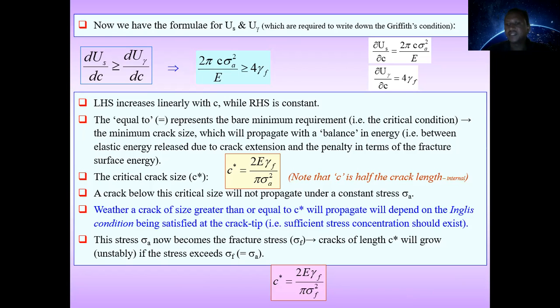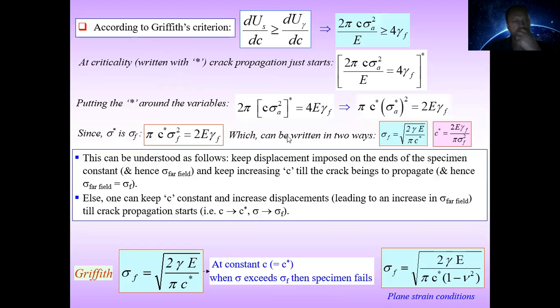A crack of length C star will grow unstably if the stress exceeds sigma f. So C star is equal to 2 times E gamma f over pi sigma f square. That is according to Griffith's criterion.